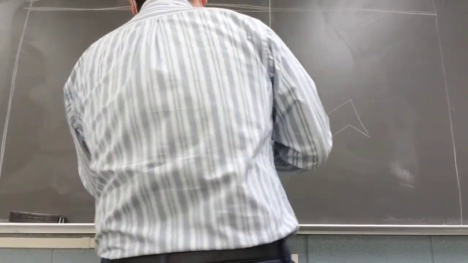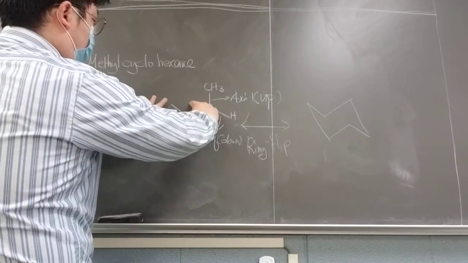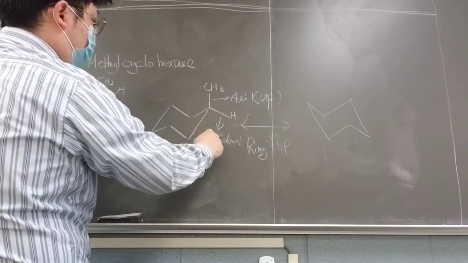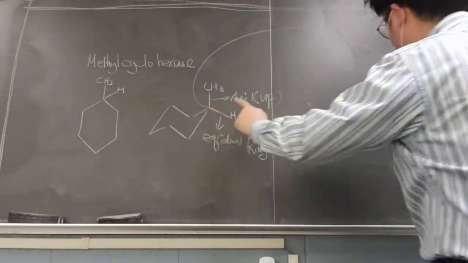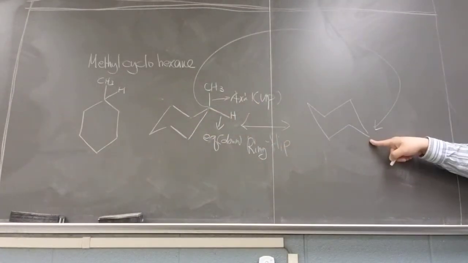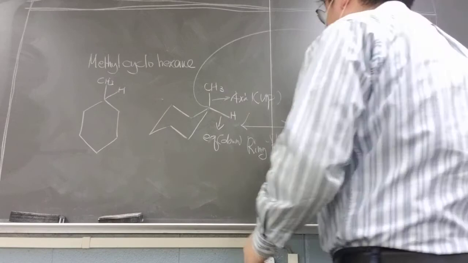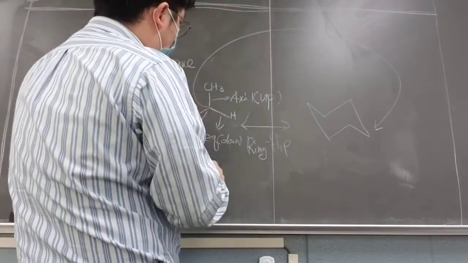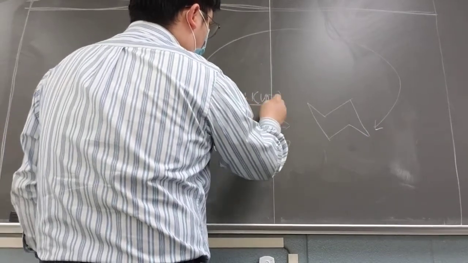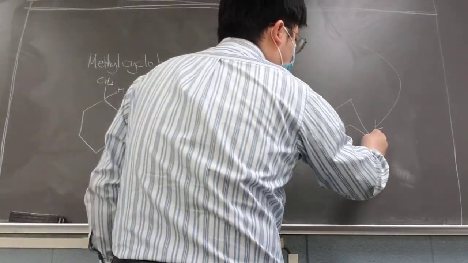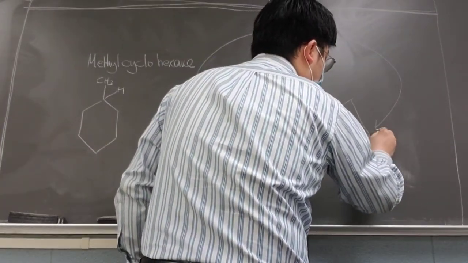So when you do the ring flip, you're moving these two in this way, right? This way, and this goes down and up, right? So this position is now here, right? And then when you put this one down, now this is going down, right? And this is axial up, right? It will become equatorial position up.